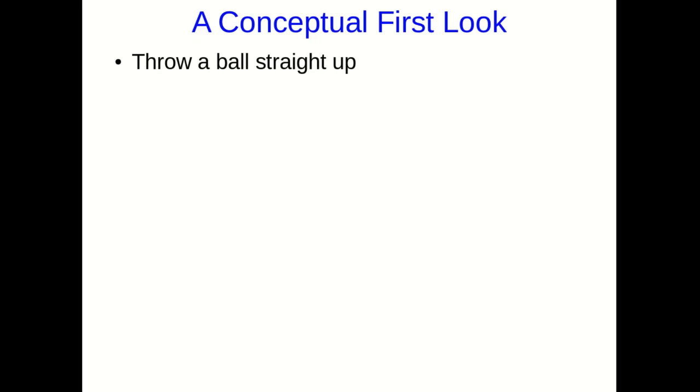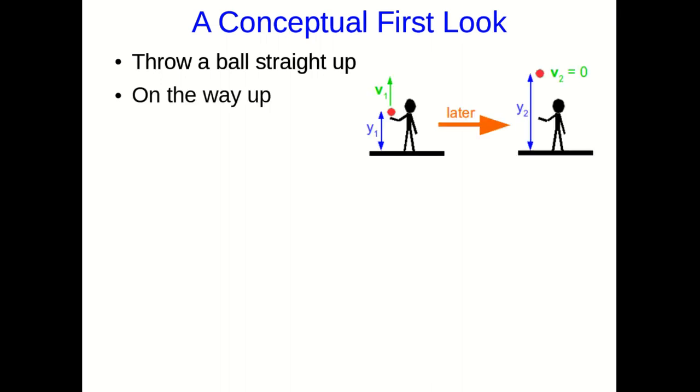So, well, let's do it again, but this time we'll use energy. So you throw a ball straight up, and on the way up, it starts off just as it leaves your hand, and it's going fast. And so it has a lot of kinetic energy, but it's low down, so it has not much gravitational potential energy. But now, a little later, it's at its maximum height, and so it's momentarily at rest.